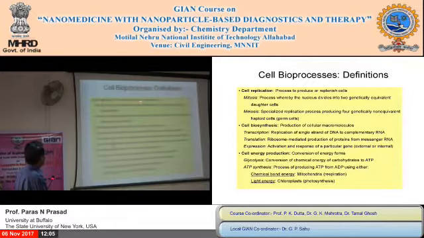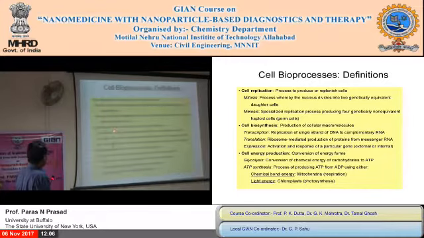And there are two mechanisms. One is called mitosis, a process by which the nucleus divides into two genetically equivalent daughter cells. And the other one is called meiosis, a specialized replication producing genetically non-equivalent cells, like germ cells.